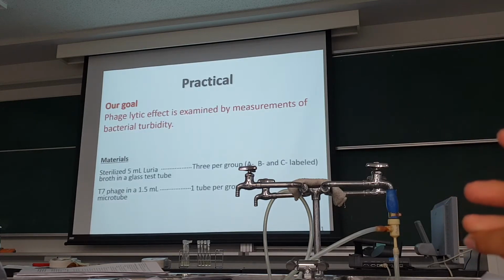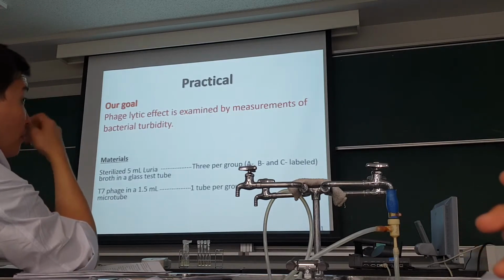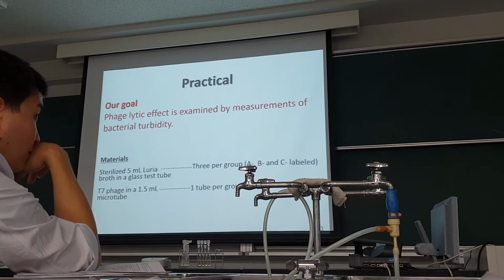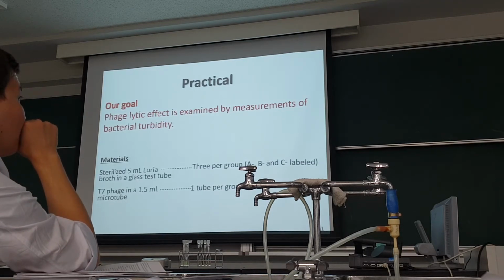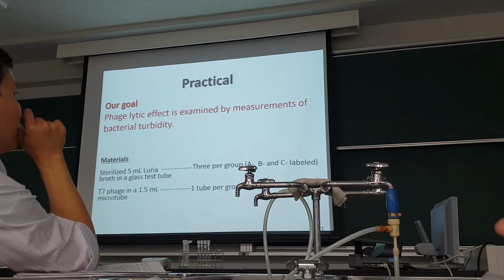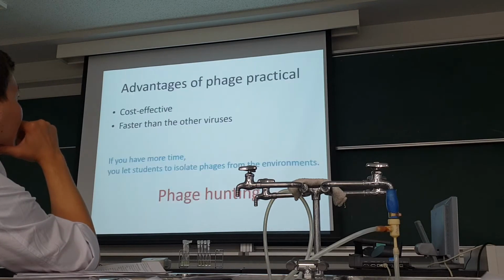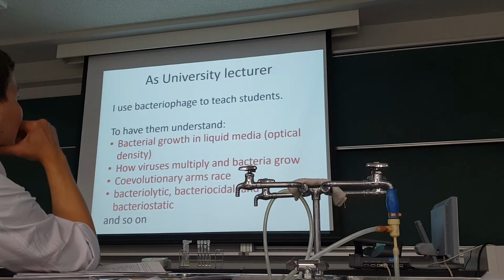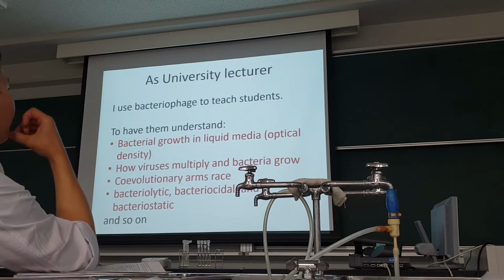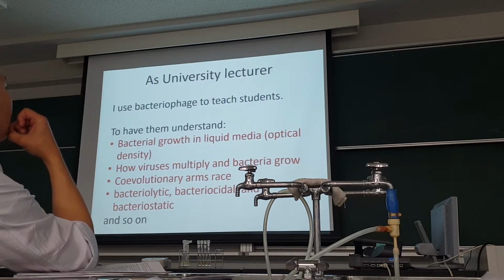Now this is my part. I'm doing just a simple practical today, and we have limited time, so we just observe the bacteriophage lytic activity in this practical. The purpose of this practical is to teach the students bacterial growth in liquid media, using the concept of optical density.